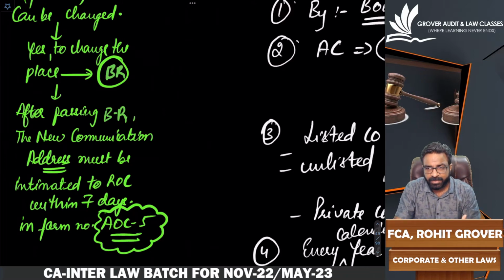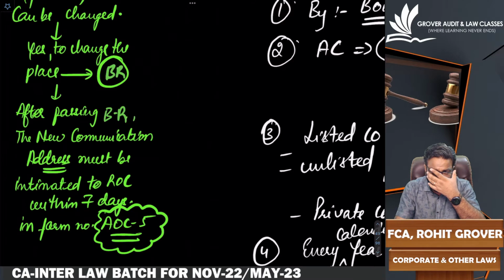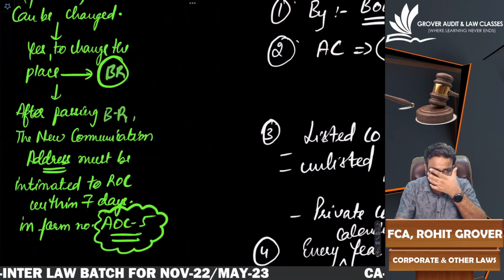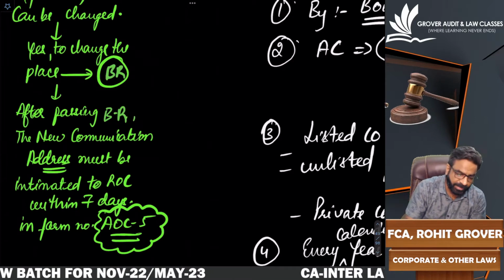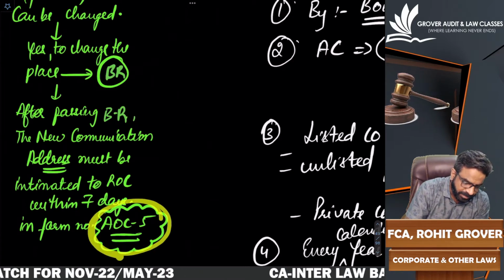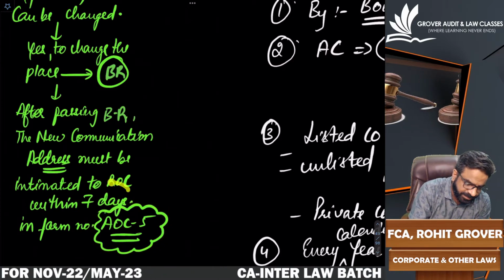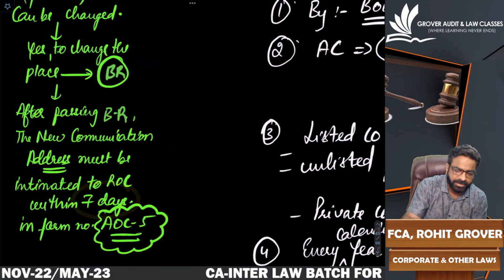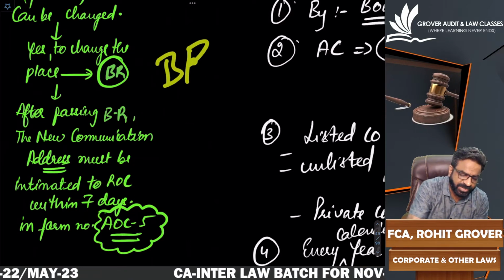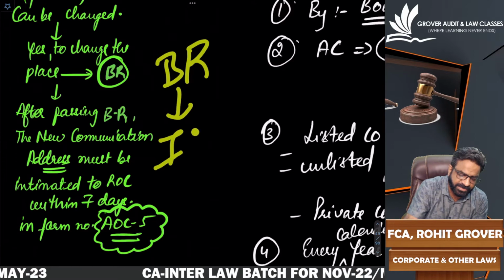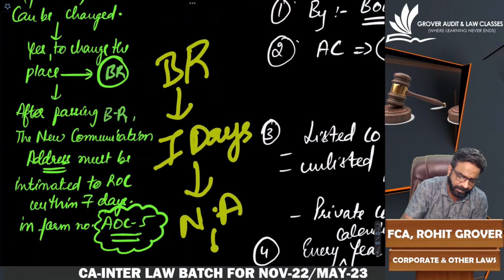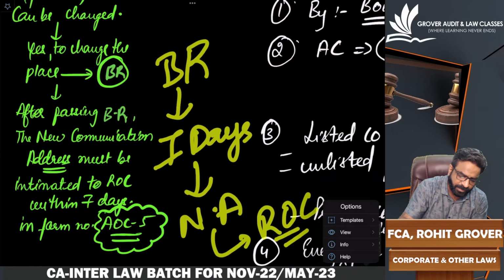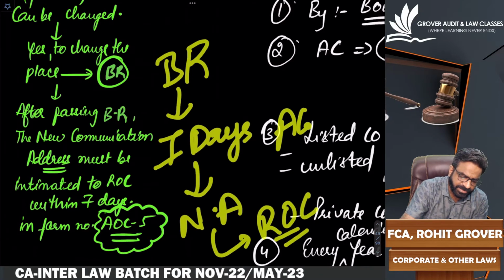Do we have to intimate the ROC the new address or not? Yes. So we have to intimate the ROC the new address in form number AOC 5 within how many days? 7 days. The day when we have passed a board resolution, within 7 days, we are going to file the new address with ROC in form number AOC 5.